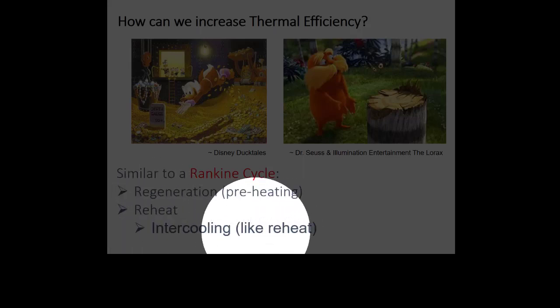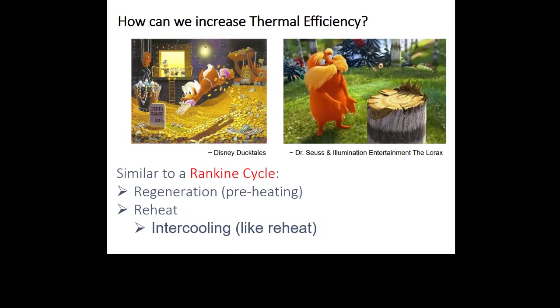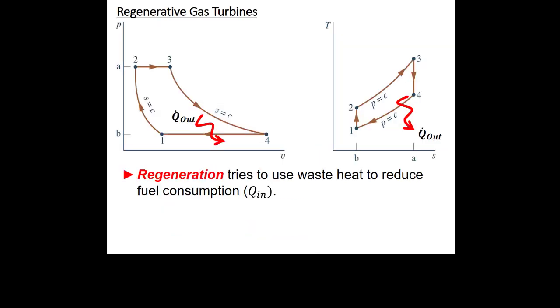Intercooling is like reheat, but it reduces the amount of power that you put in the compressor. For Rankine cycles, we didn't really care about that because the power to increase the pressure of the liquid was so low that there really wasn't much benefit in trying to reduce that power we put in. But that's not the case for the Brayton cycles.